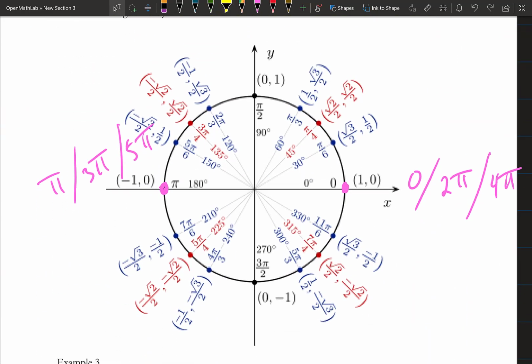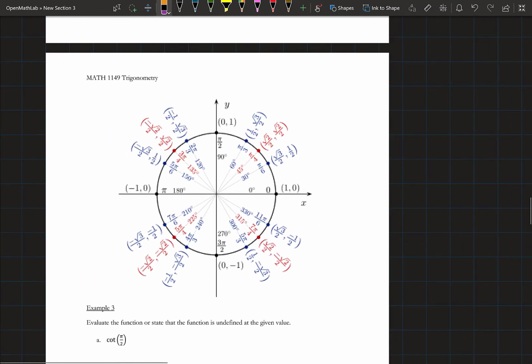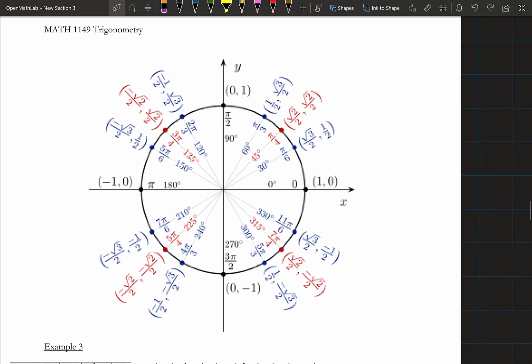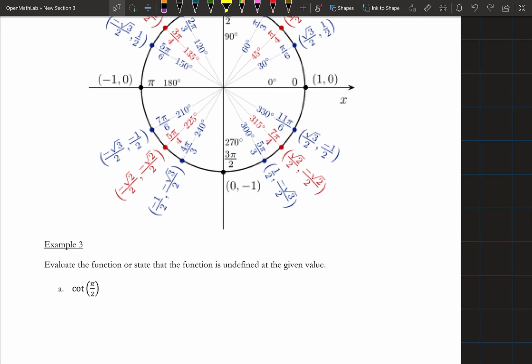This is just at the top of the page, a filled in version of the unit circle. If you just Google unit circle, you might be able to find some good diagrams, but there's just one there to have as a reference. So now we're ready to look at some examples.